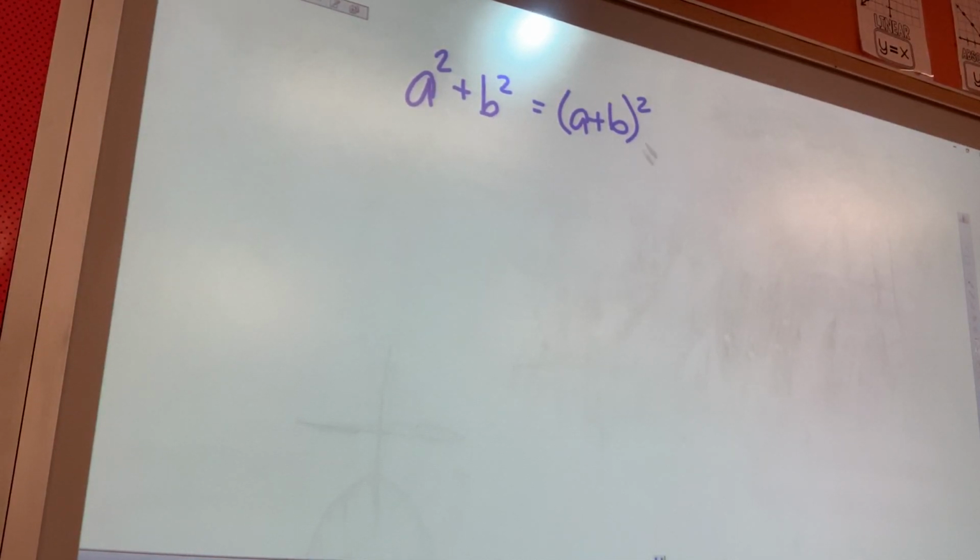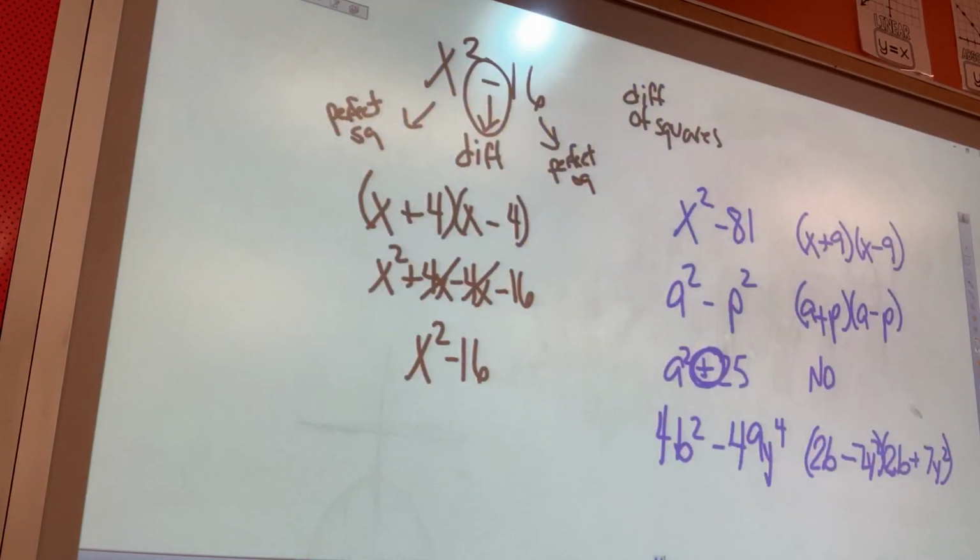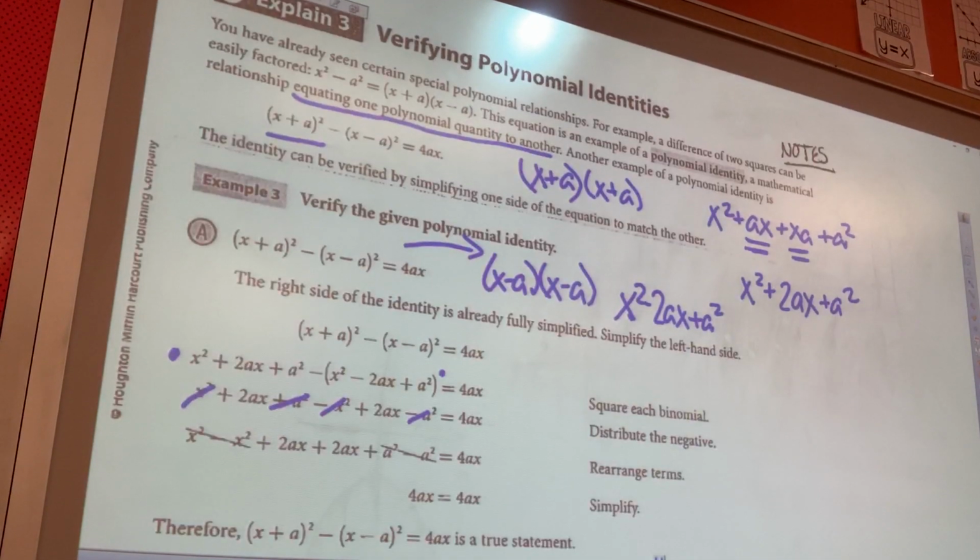Because we just did this on the prior page where we multiplied that out. Over here, that's what we did, but we had x minus a or x plus a, and that's what we got. X plus a is equal to this quantity.